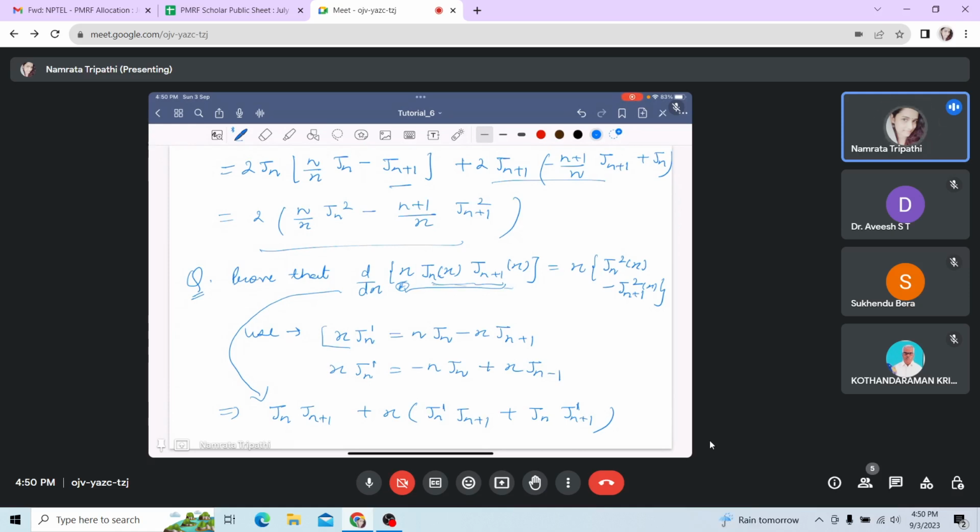Leaving this, differentiation of x is 1. After leaving x, the differentiation of the product of zn plus 1 is this. And now we can use the recurrence relation x zn from here, and x zn dash n plus 1 you can replace here n with n plus 1. Then you can substitute the expression x zn plus 1 dash. After substituting you will get the answer.